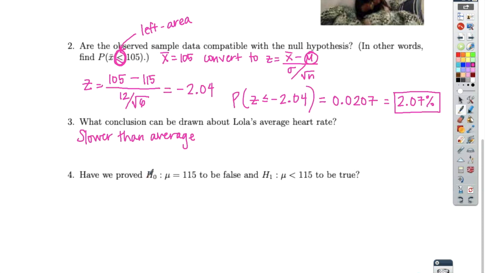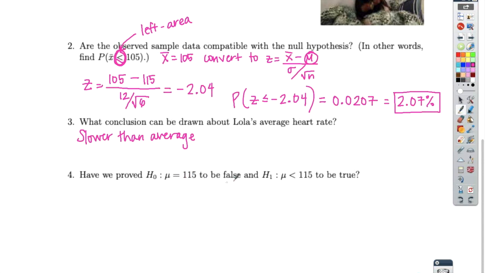So the last question here, and a really important question, is have we proven the null hypothesis to be false? Have we proven it false beyond the shadow of a doubt that the population mean heart rate is not 115 beats per minute?